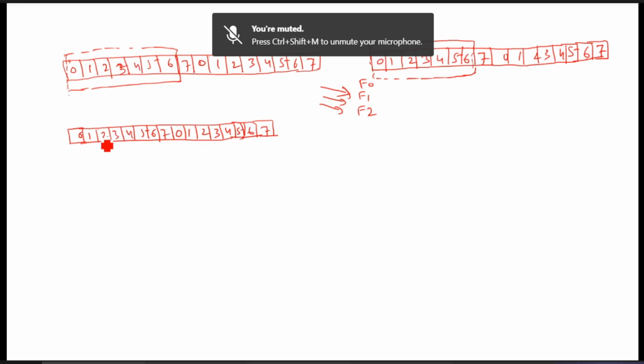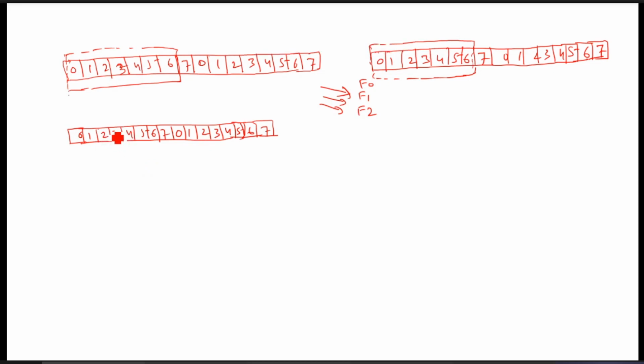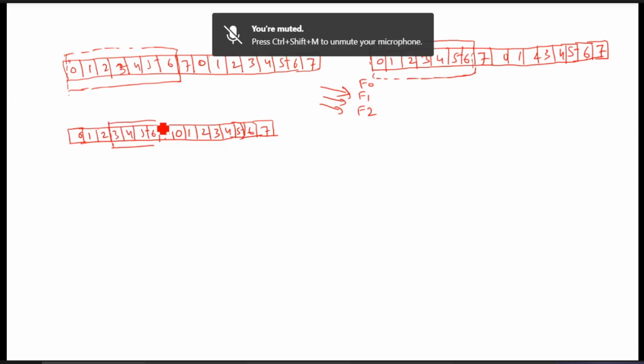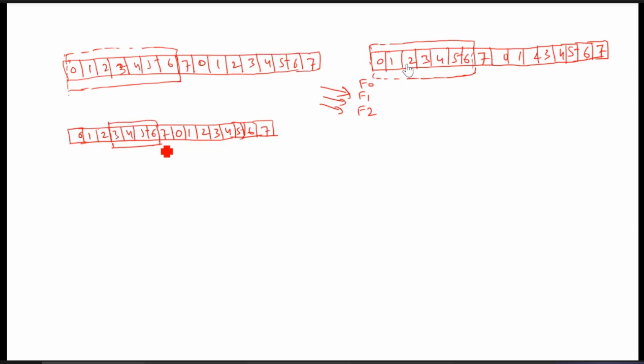So the window size will now be from 3 onward. When receiving these frames, B's window will also shrink.